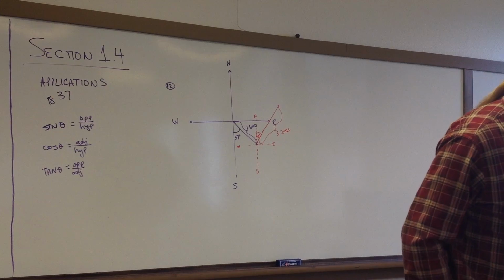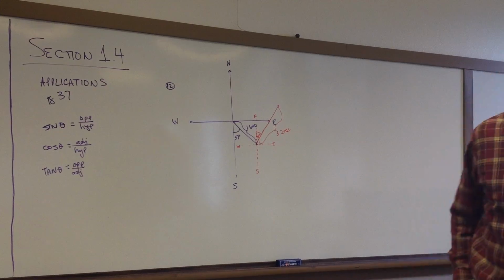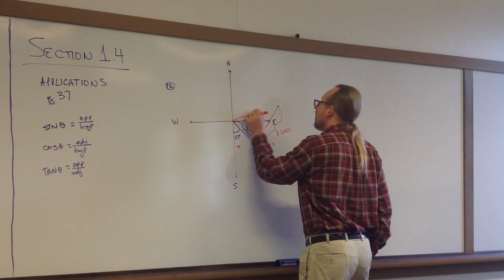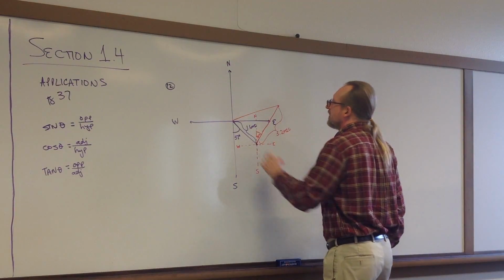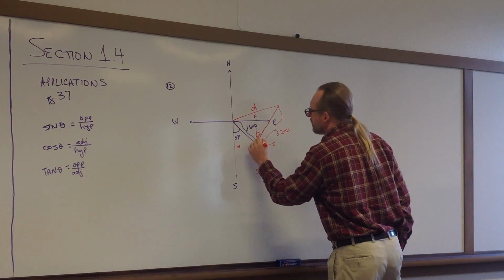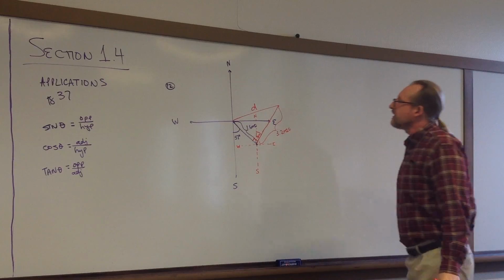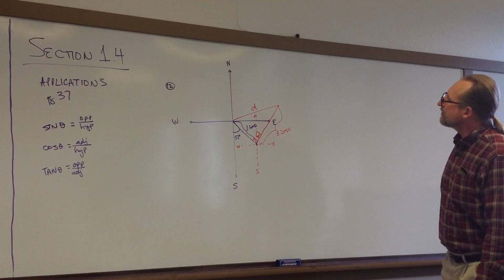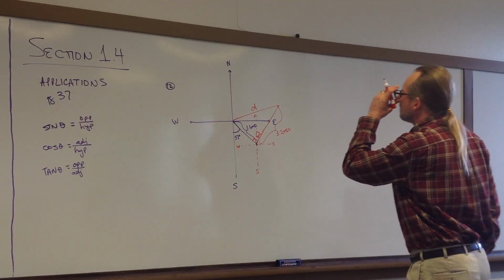At that time, how far is he from the starting point, and what is his bearing from the starting point? Okay. There is going to be our distance that we're interested in. Now remember the problem said he turned 90 degrees there, right? So we've got to figure out some angles.